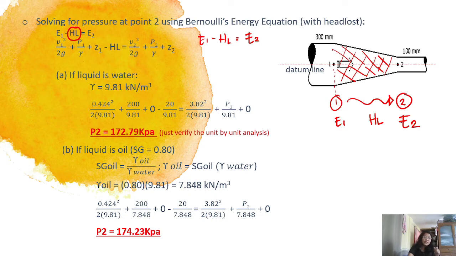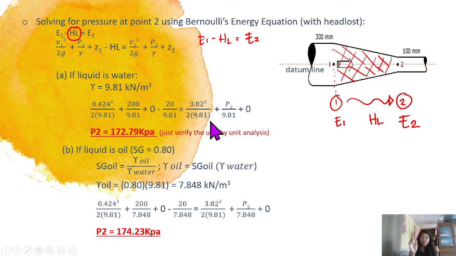Then, we substitute the values of velocity that we got from the continuity equation.